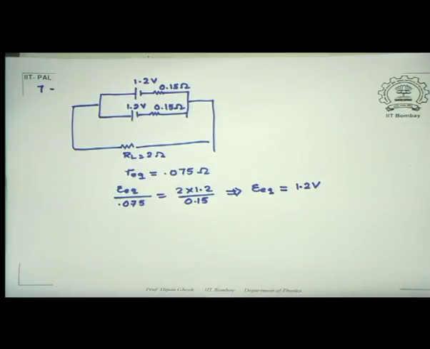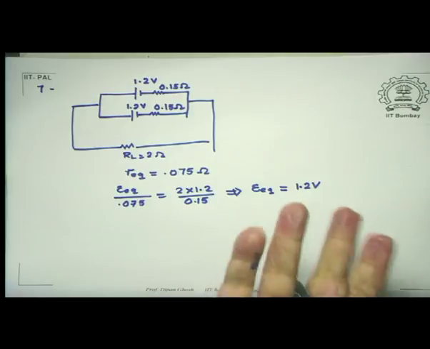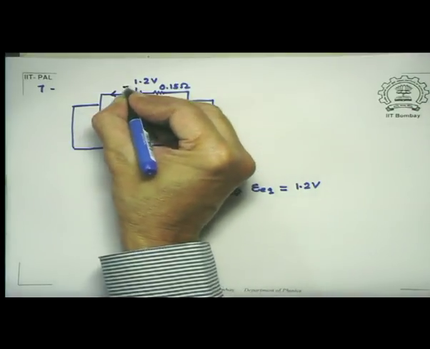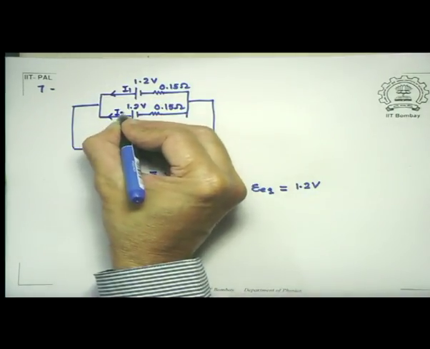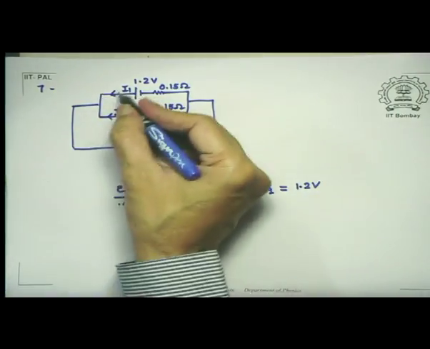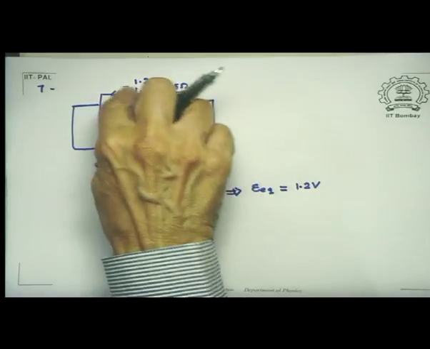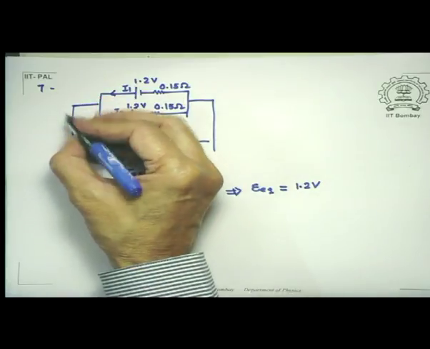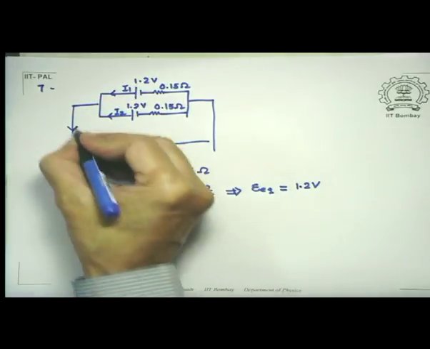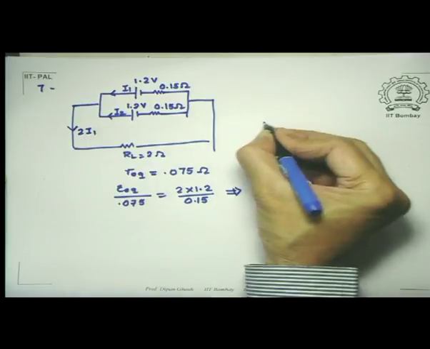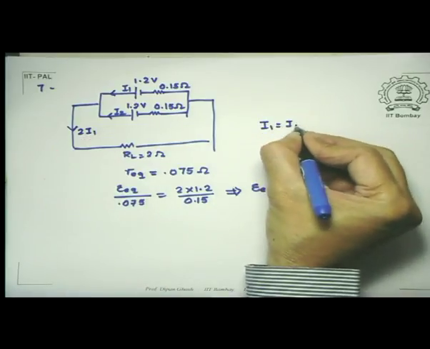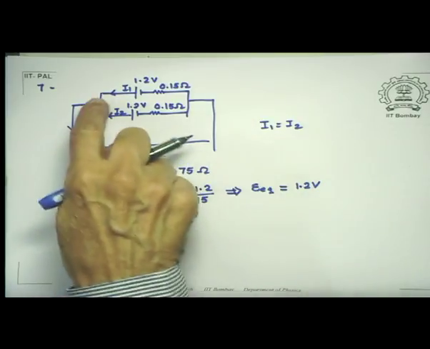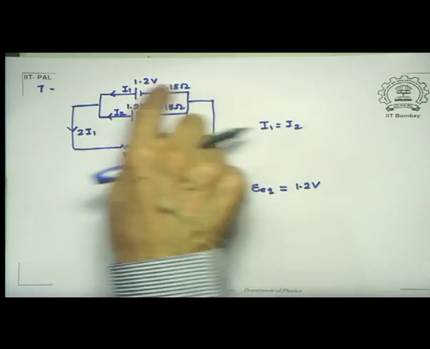Now you could verify that this indeed is true by realizing that supposing this is I1 and this is I2. By symmetry, I1 and I2 must be the same because this battery combination and this battery combination are identical. Therefore what I get here is a current which is 2I1, because I1 is equal to I2. So let me look at any one of the loops, go along any branch.